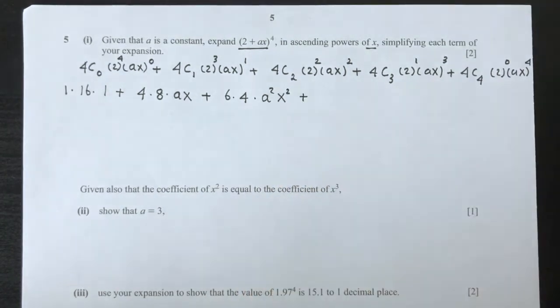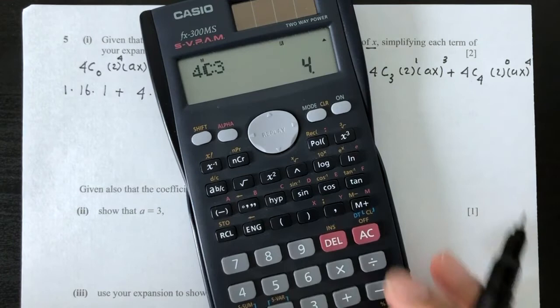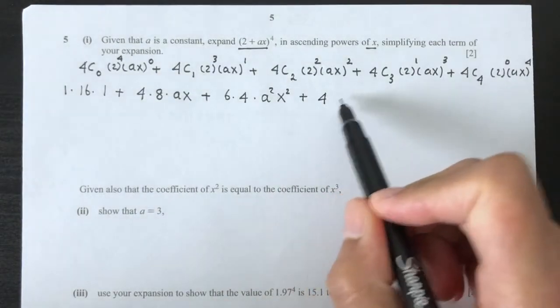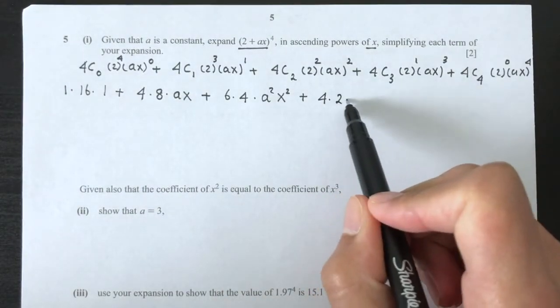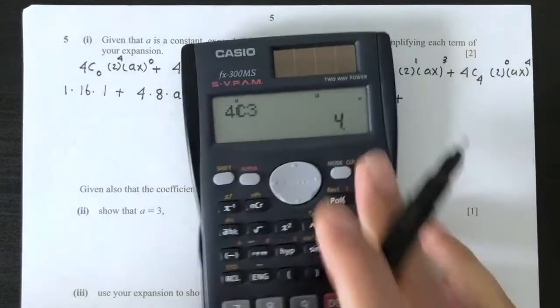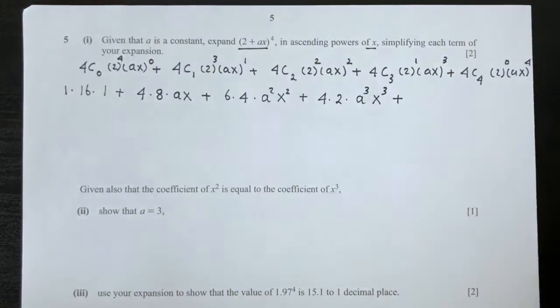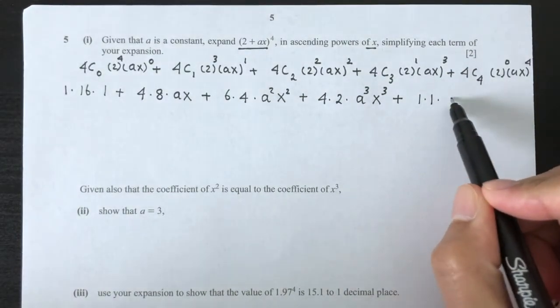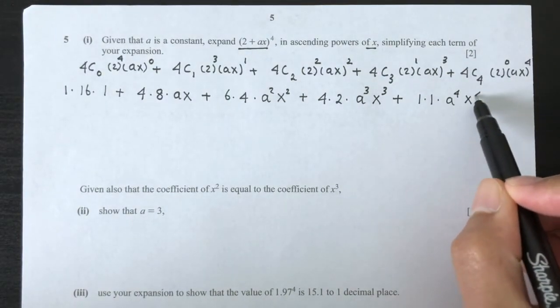And then what is 4 choose 3? That will be 4. And 2 power 1 is 2, and that will be a power 3, x power 3. And finally we have 4 choose 4, that will be 1 times 1 times a power 4, x power 4.